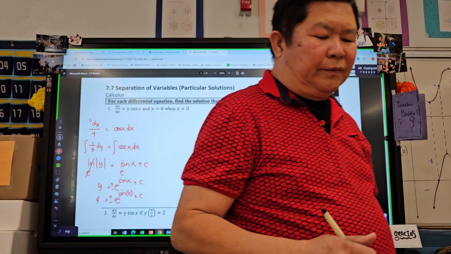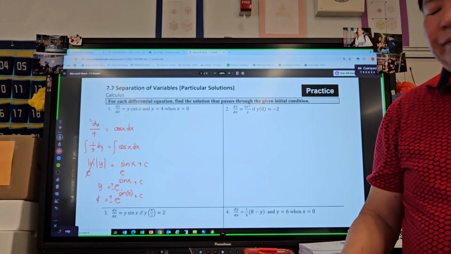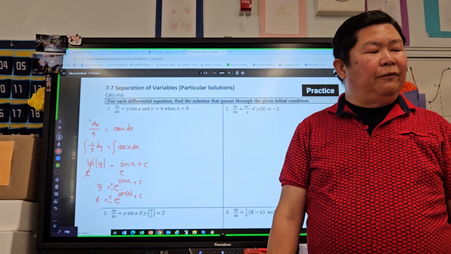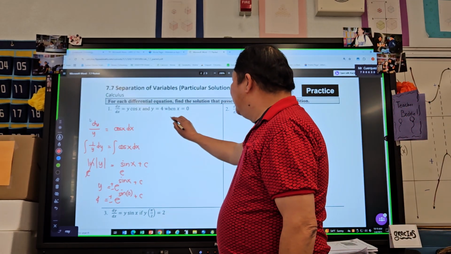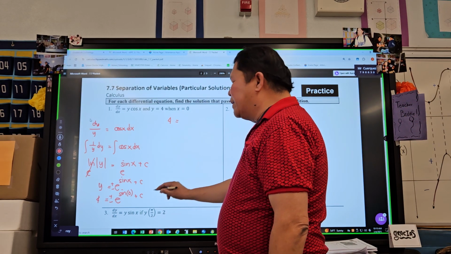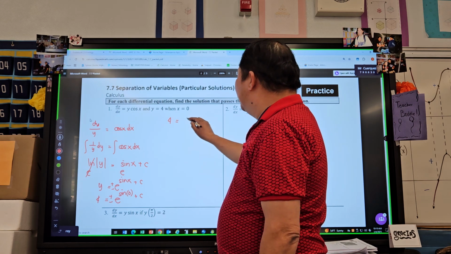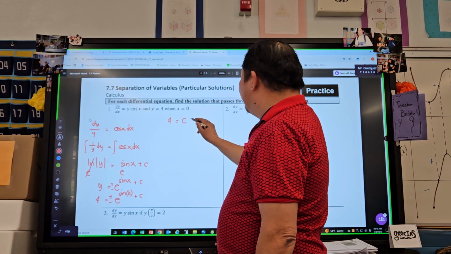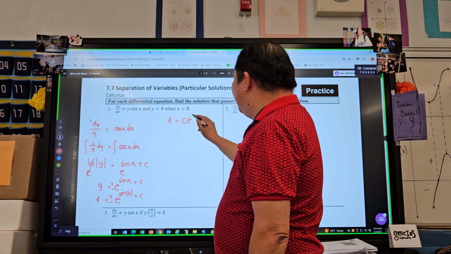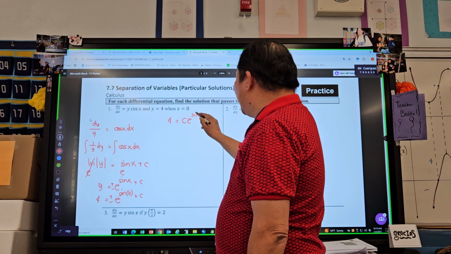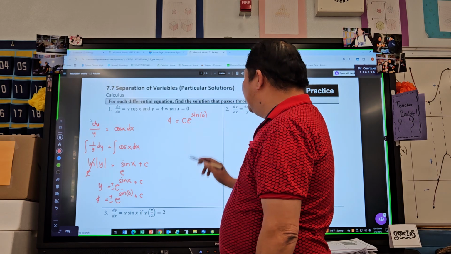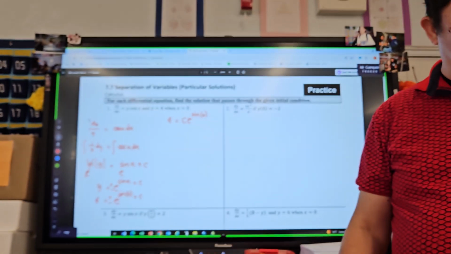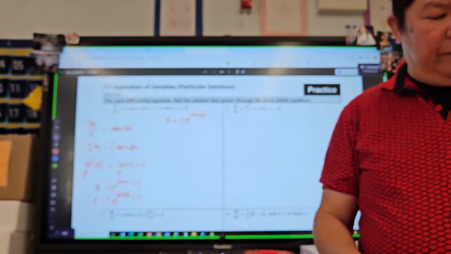Okay, so what's next, guys? How to write this now? 4. What to do with the constant? Oh, the front, yeah. Then e to the power of sine 0, okay? Or sine x.